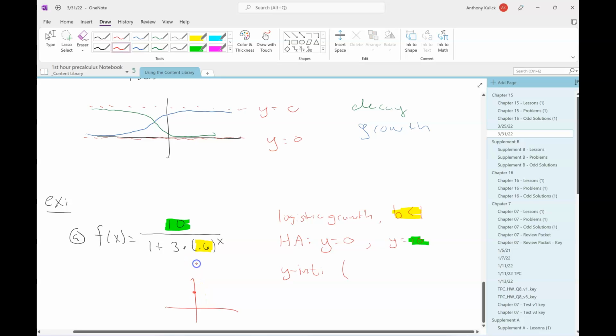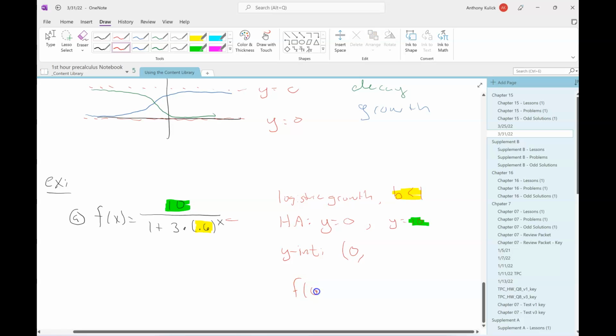Some point on the y-axis, so x-coordinate has to be 0. So when I plug 0 in here, what's 0.6 to the 0? 1.